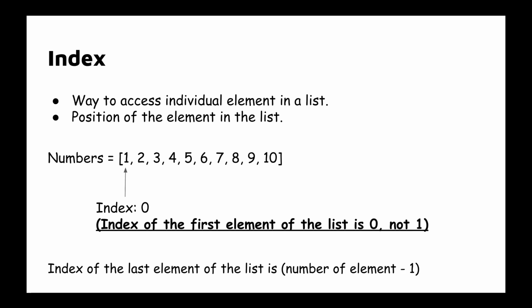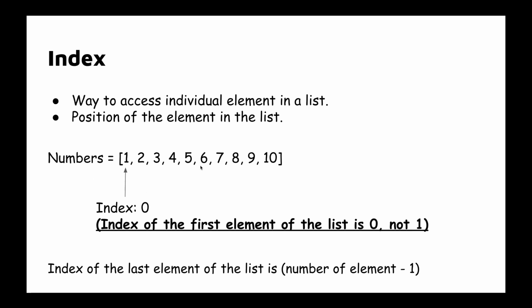One thing special about this is that we start from 0 when counting elements. So the first element of the list is 0 instead of 1. And with the same logic, the last element of the list is the number of elements subtracted by 1. In this case, since we have 10 elements from 1 to 10, the last element, 10, should have the index of 9.